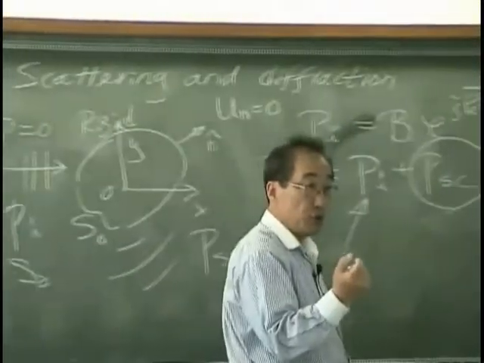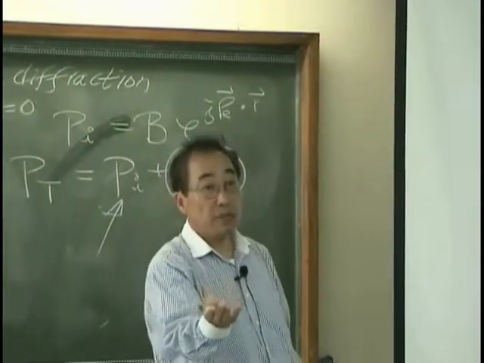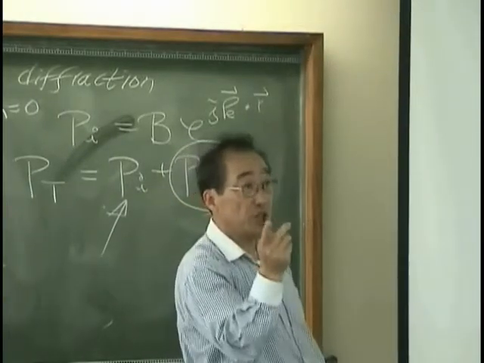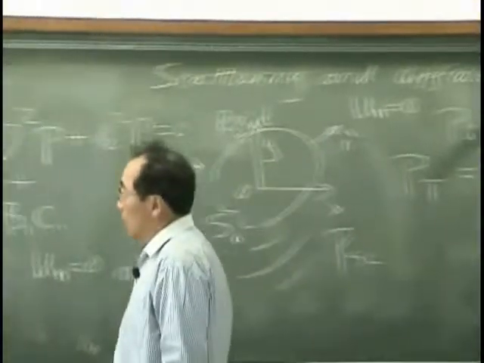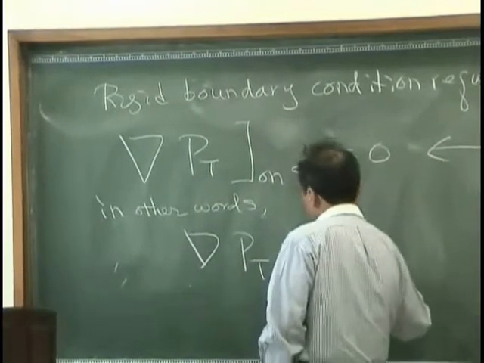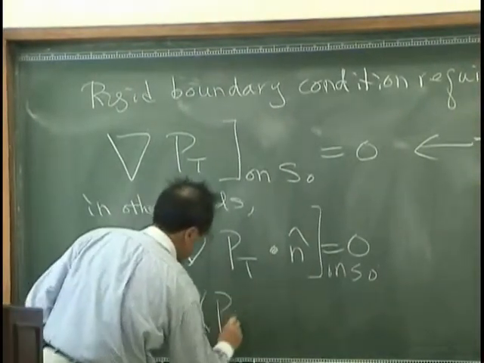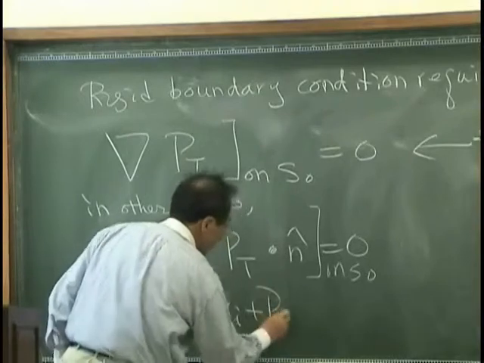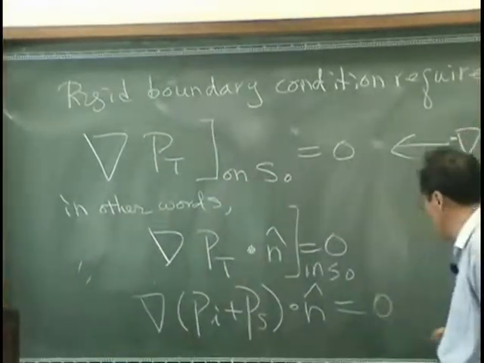That's why I use the dot N. Dot N simply means that I'm taking the velocity in the direction of N on S. That means del of Pi plus PSC dot N is equal to 0.